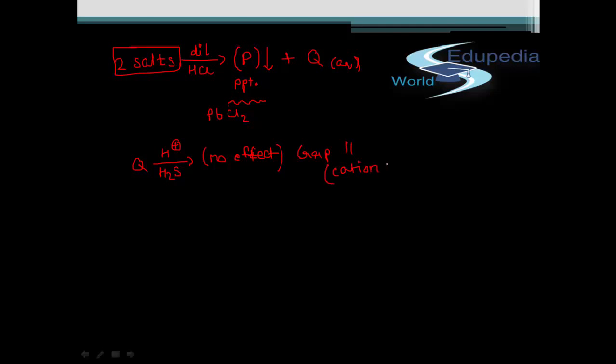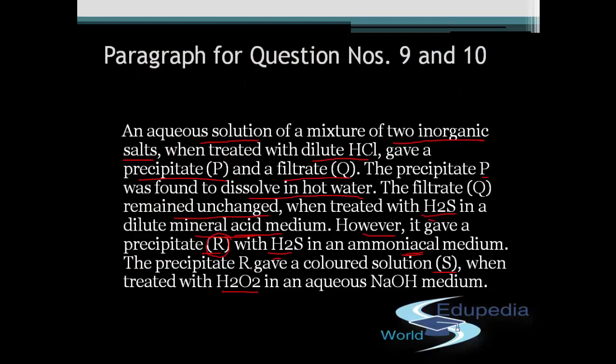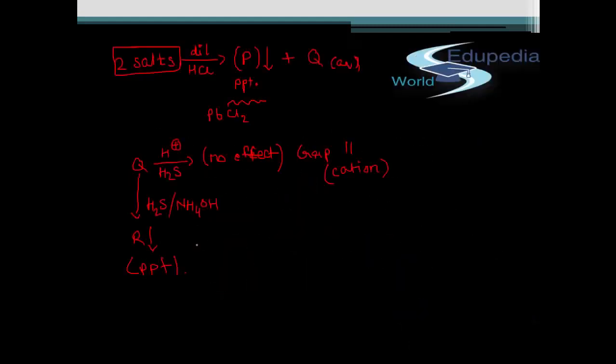It says that on reaction with H2S in a medium of NH4OH, it forms a precipitate R. So this R is a precipitate over here, and it further says that this R gives a colored solution with H2O2 in NaOH medium. So this R is made to react with NaOH and H2O2, so it gives a solution S, which is a colored solution. This is the information which has been given.